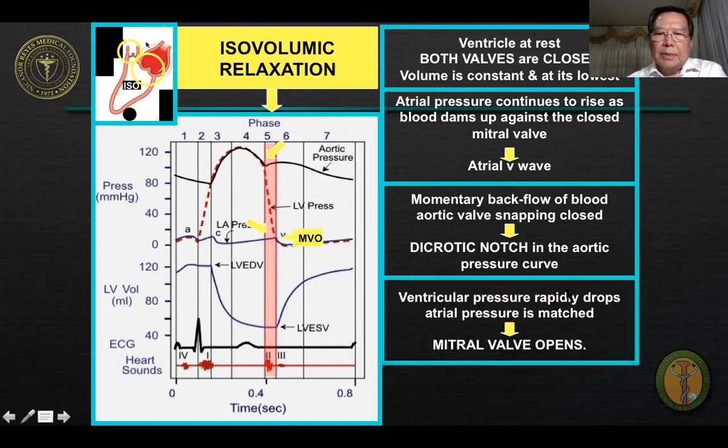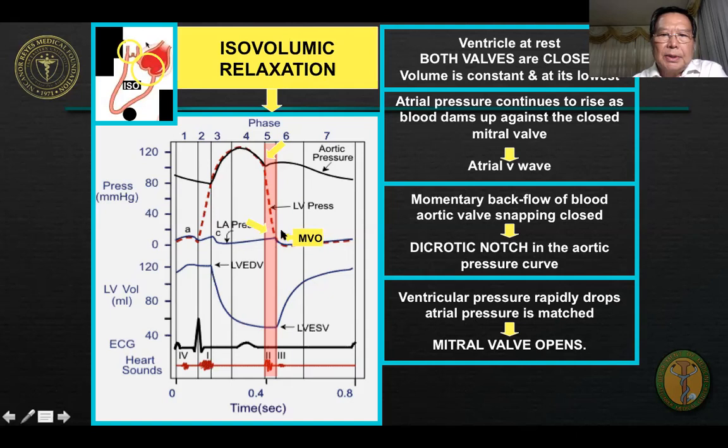And the ventricular pressure rapidly drops, okay? And take note that this is the slope of your ventricular pressure. So there is a sudden drop in your ventricular pressure, okay?